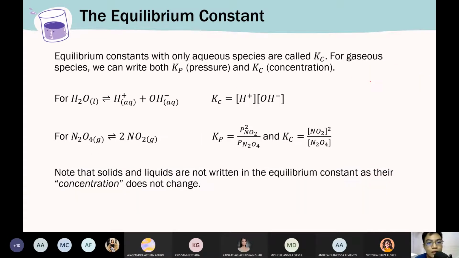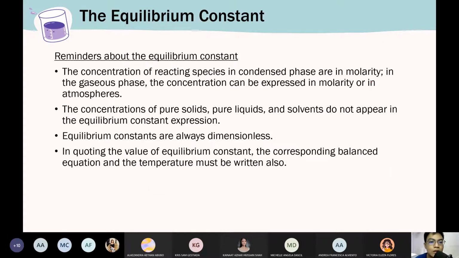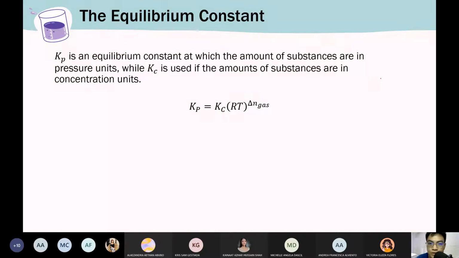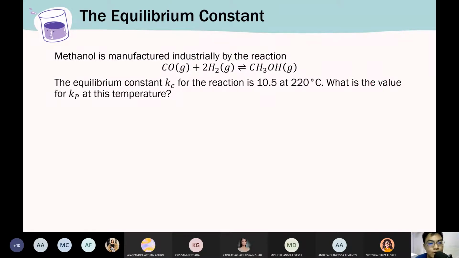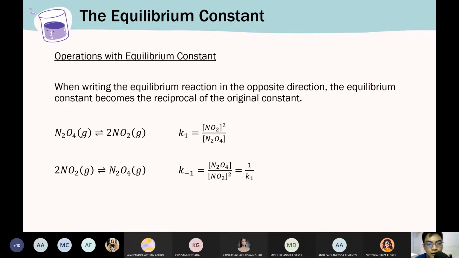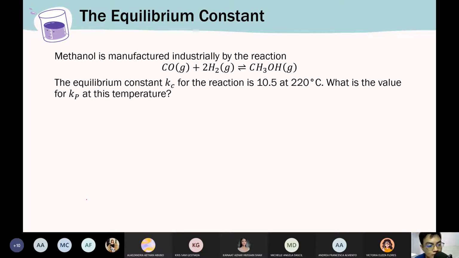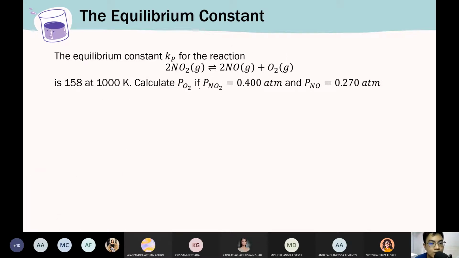Last time, I introduced you to the two types of K, Kc and Kp, how to write them, and the relationship of Kc and Kp. Then we were able to do some basic calculations. By the way, I made some error last time, especially kay NO. I forgot to raise the NO by 2.